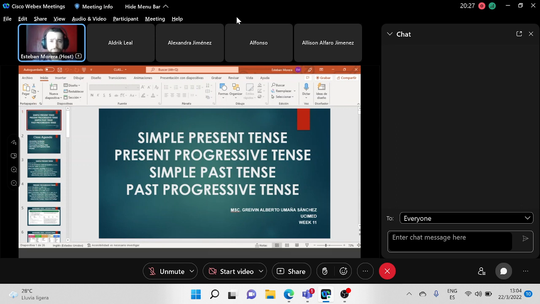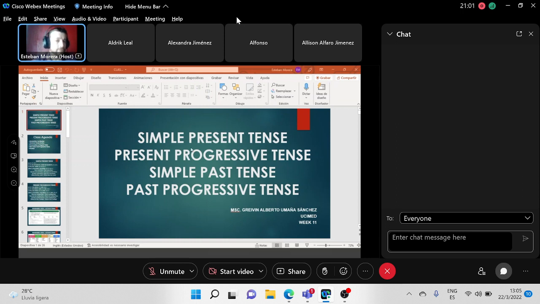If you remember, this is important: simple present tense is used for actions at the present, but those actions are not necessarily happening at this moment.